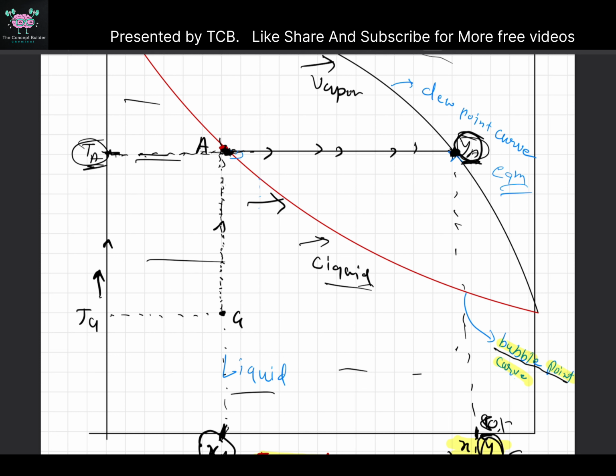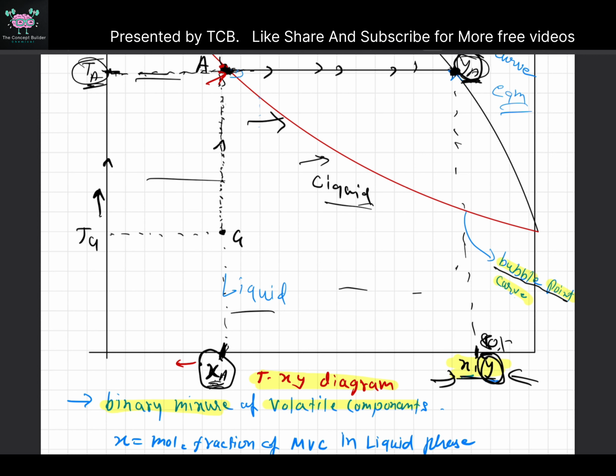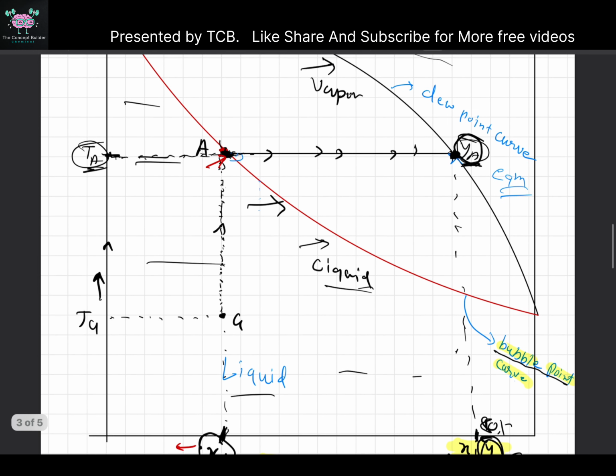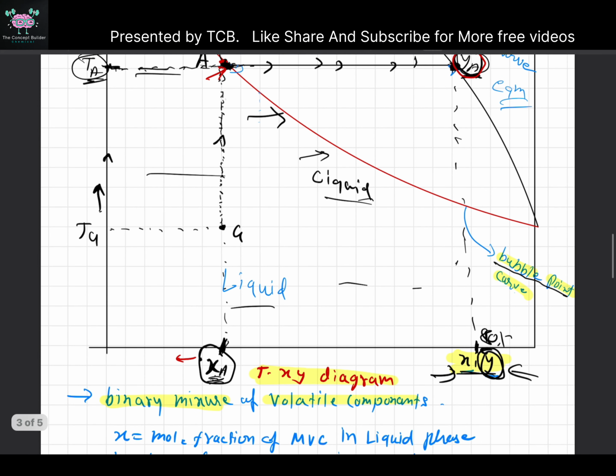So what is happening here? When this just started boiling, it was here. Now if you give more heat to the system, more of the more volatile component will go into the vapor phase, and because of this the mole fraction in the liquid will decrease, because the more volatile component has gone to the vapor phase.